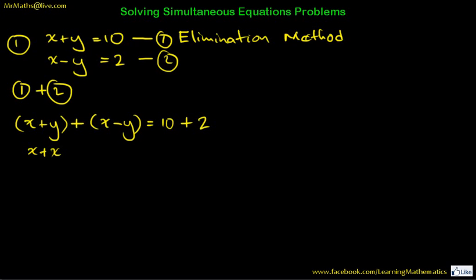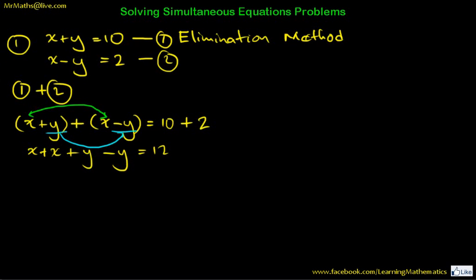Okay, we take both these values, add them together, and then we take y minus y. This is plus y and this is minus y. So it is actually y plus minus y, but that equals y minus y. The right hand side is equal to 10 plus 2, which is 12.